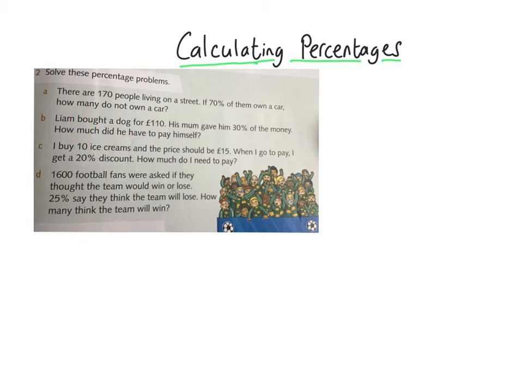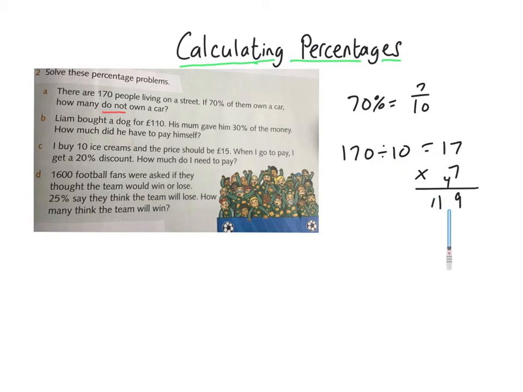Now straight away when I read that problem, I'm underlining "do not", because I want to remember at the end that once I work out my percentage, I have something else to do. So I'm going to demonstrate that one for you. 70% is 7/10, and I have to find 7/10 of 170. So divide by the bottom, gives me 17, and multiply by the top, gives me 119.